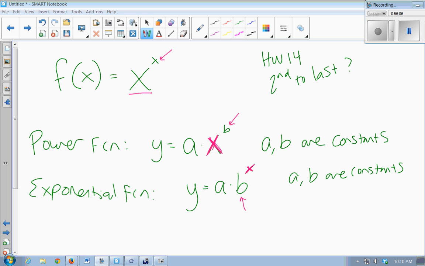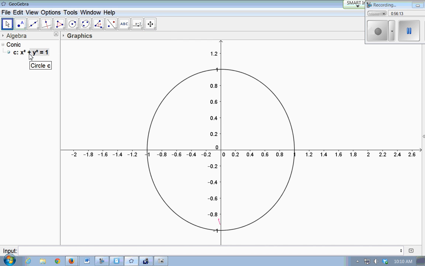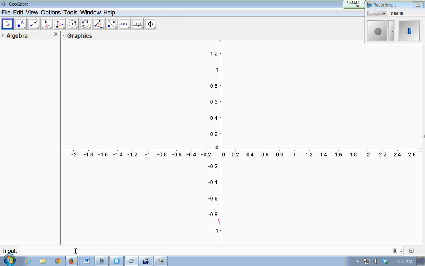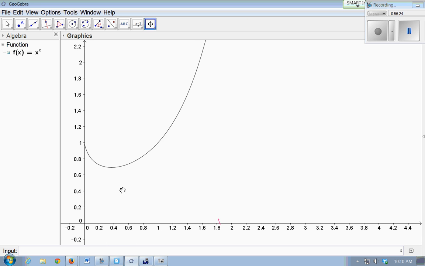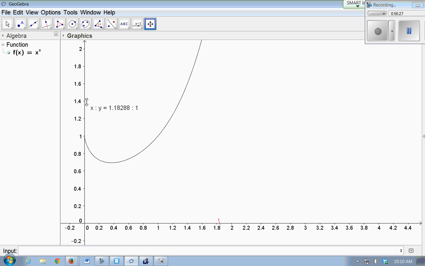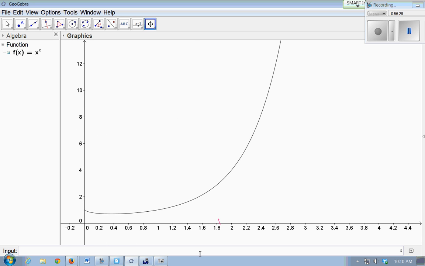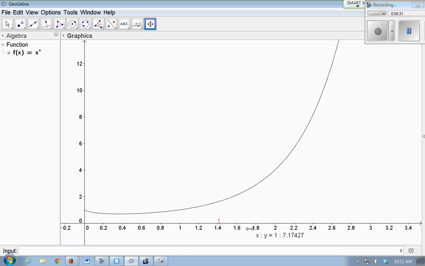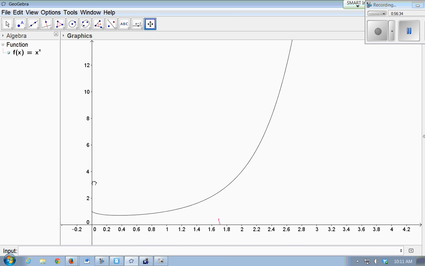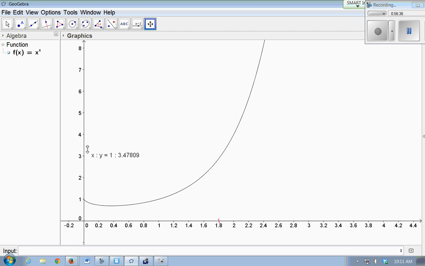For x to the x, it's an interesting function. Let's look at its graph. What do you think? Does it have an inverse function?